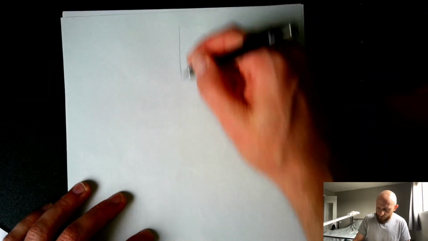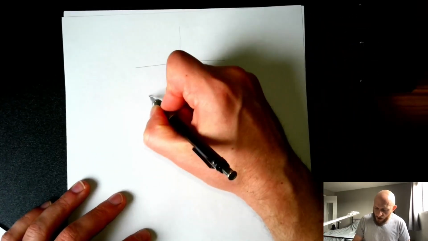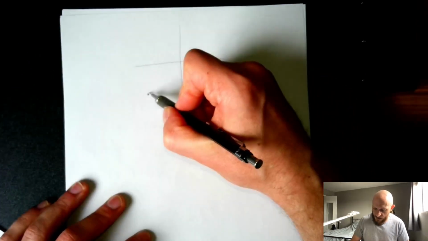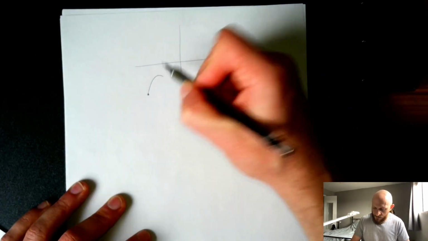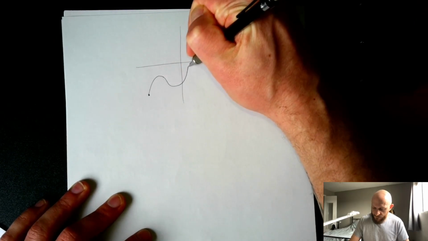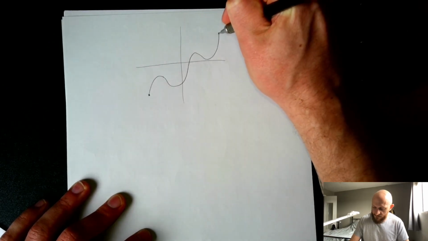So let's look at an example where we have a couple of local extrema. And maybe this time I'll toss in the absolute extrema. So maybe we have a graph that doesn't continue on forever. Maybe it starts at this point right here, and then it comes up, and then comes back down just a little bit, and then it comes up here, and it comes down, and then it comes up to right here, and it stops.